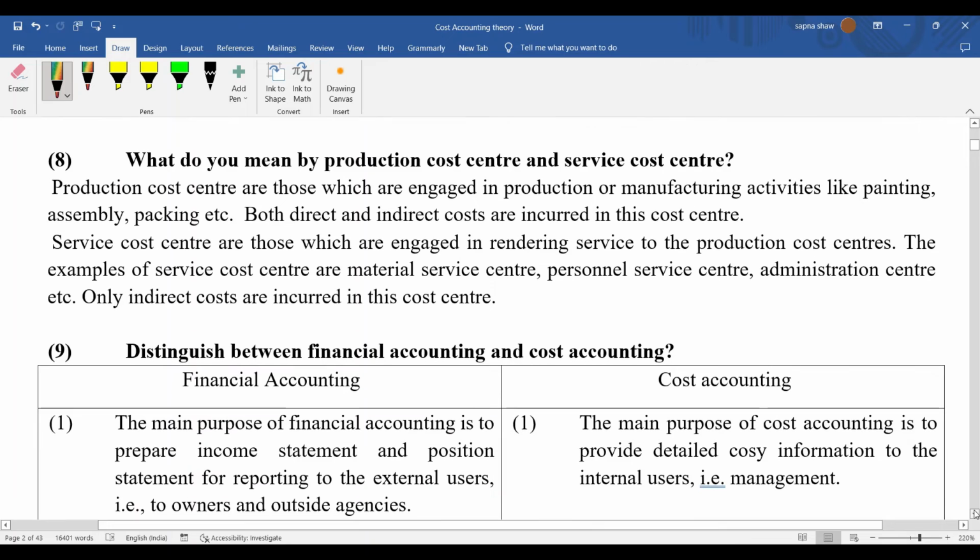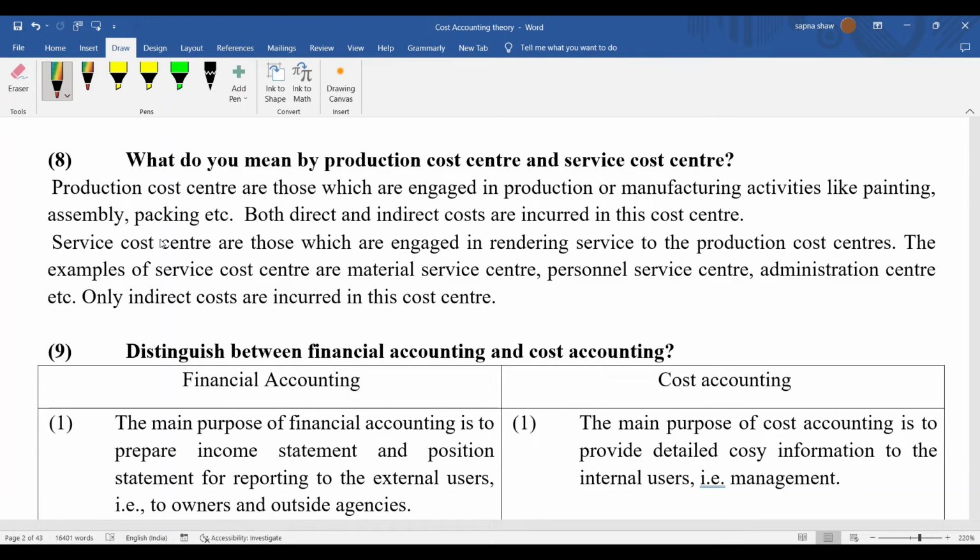The next thing is product. I think I have discussed what the production cost center and service cost center are. The cost we incur to provide different services is called the service cost center, and the cost we incur to produce something is called the production cost center.